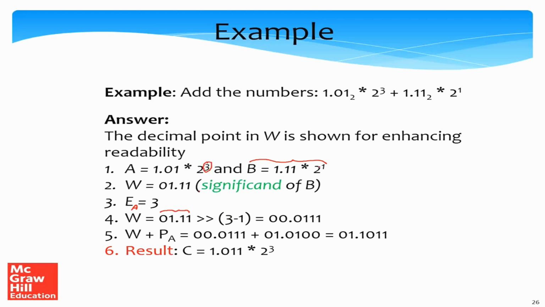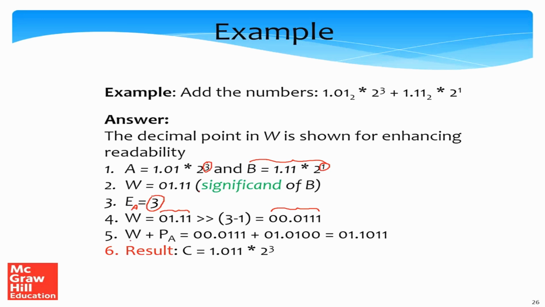Because 3 is the exponent of A and 1 is the exponent of B. So we need to right shift W by 2 places. This will give us 0, 1, 1, 1 after the decimal point and 0, 0 before the decimal point. Now the decimal points of both A and B are aligned, and the exponent for both of them is E or EA, same thing, which is 3.